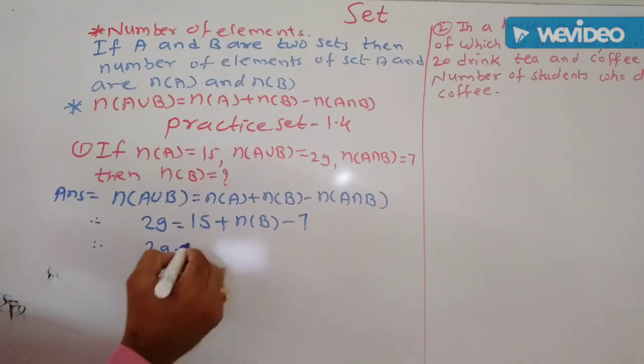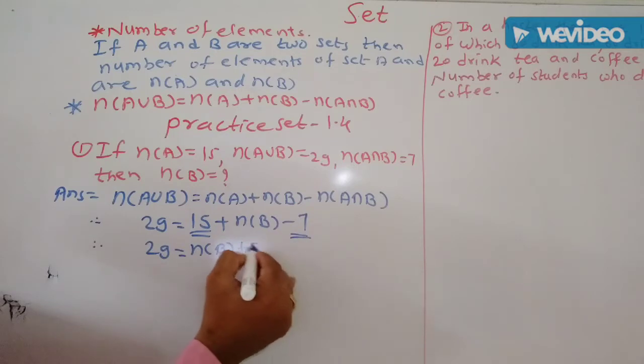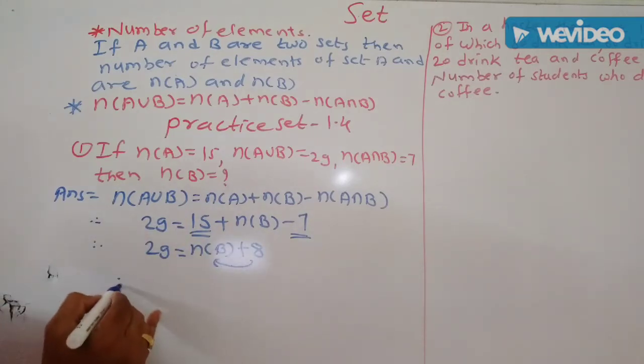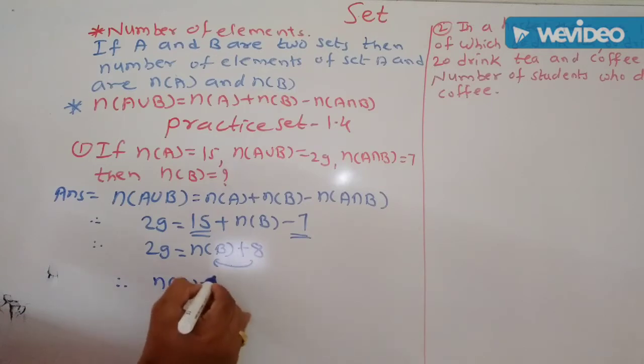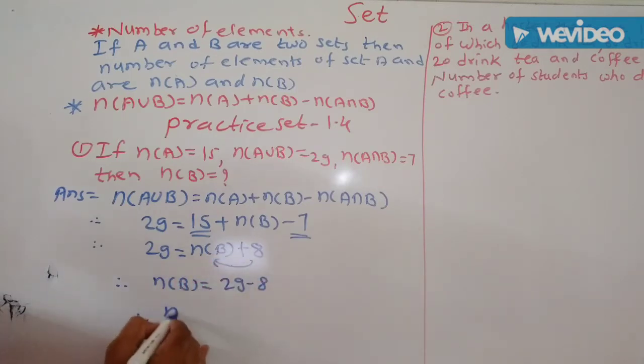Now 29 is equal to number of B plus 15 minus 7, and 15 minus 7 is 8. To find the value of number of B, plus 8 gets converted to minus, that is 29 minus 8, and therefore number of B we get 21.